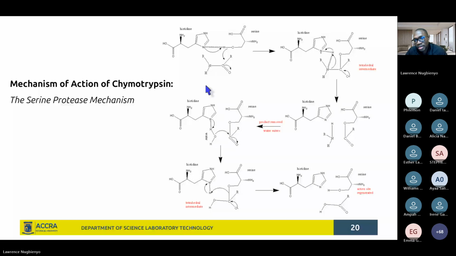Right. Now, what do we see? We see that there is an interaction between this hydroxyl group, which is on the side chain of serine, and that nitrogen of the imidazole ring of histidine.